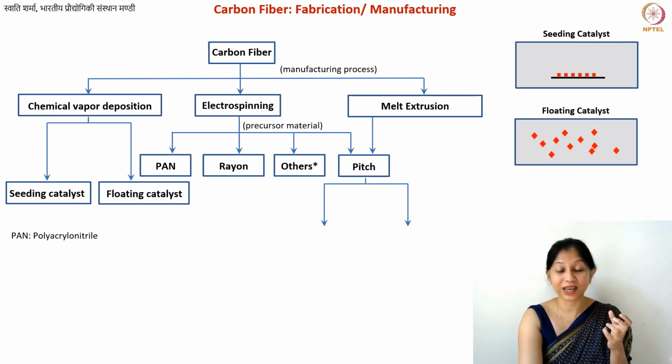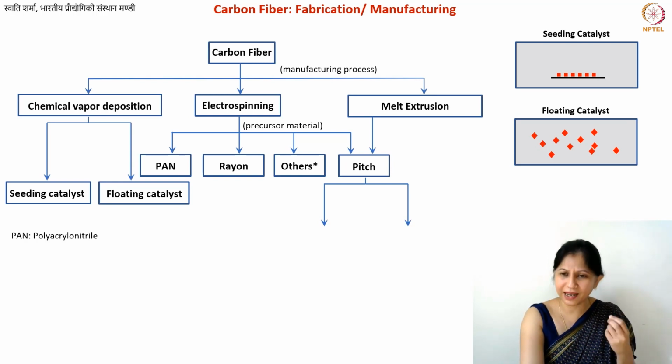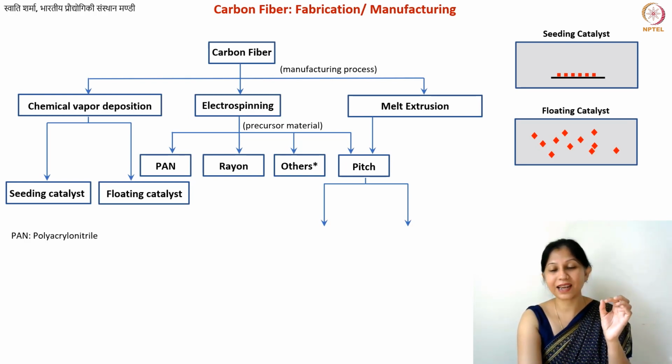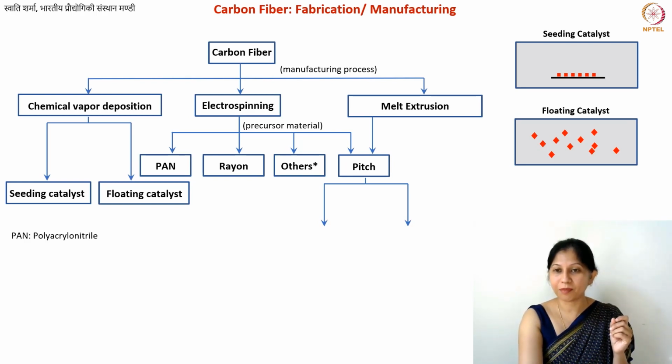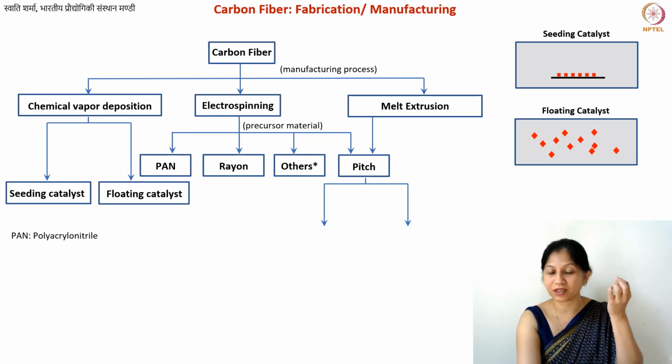So basically, you can imagine what it means. You have melted pitch, or you have pitch at a high temperature. Pitch at room temperature is a semi-solid material. It's highly viscous, but it's still not solid. So it is a liquid material, but if you slightly increase the temperature, you can reduce its viscosity, and at some point you can get the optimum viscosity where you get the fibers of the right diameter that you want.